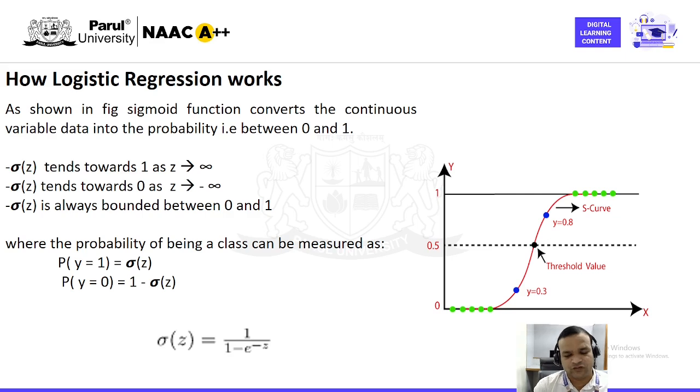The sigmoid function plays an important role here, taking a value in continuous form and transforming it into class form with probability. Got it? And the other parts are the independent variable and dependent variable.